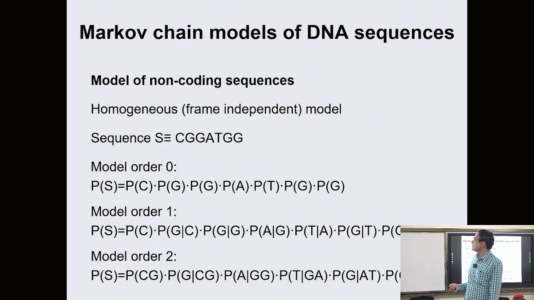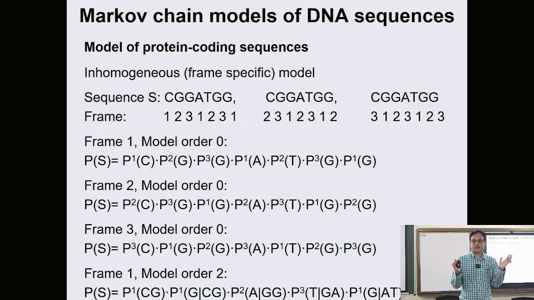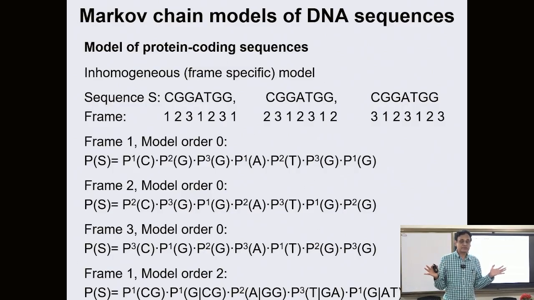Okay, good. Some details I am skipping because of the time constraint we have. But I would like to see that you are still appreciating these mathematical concepts that were used for describing biological sequences. Protein coding sequences are made up of codons.